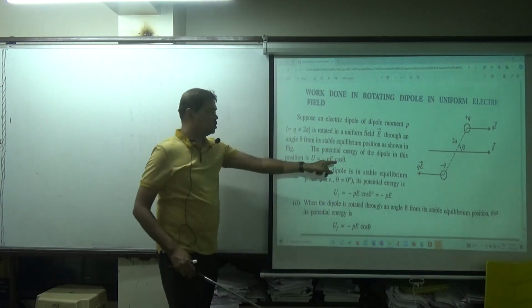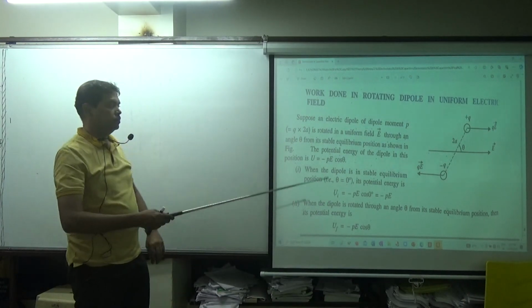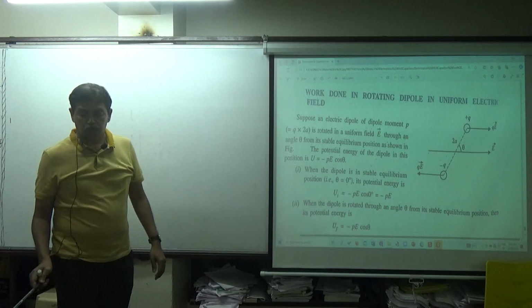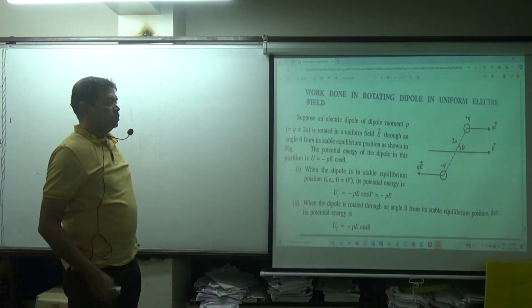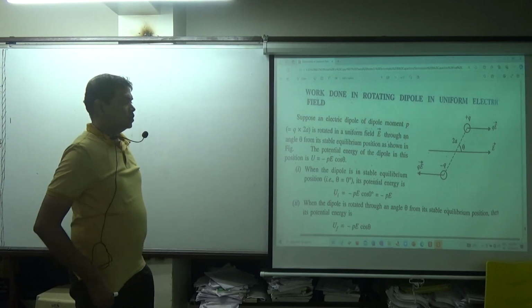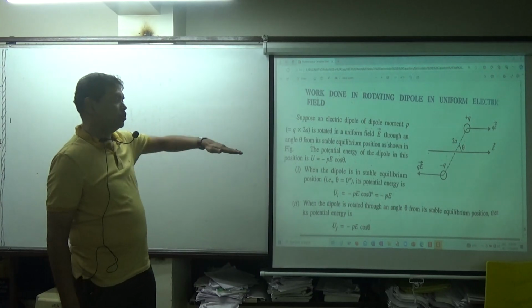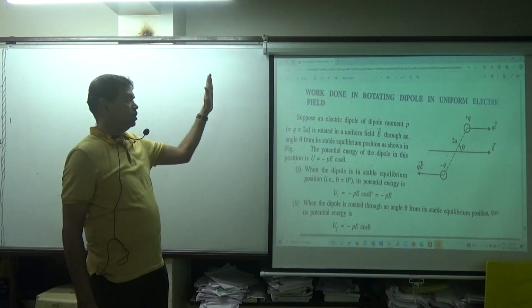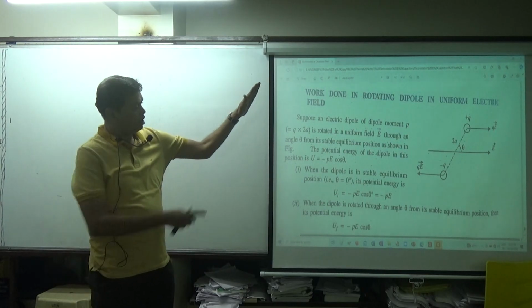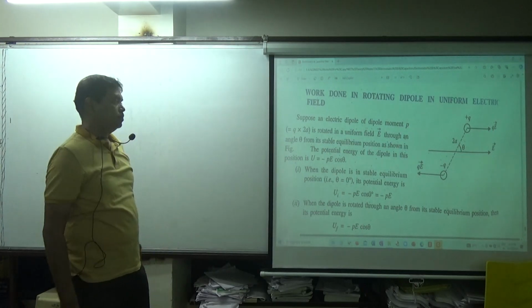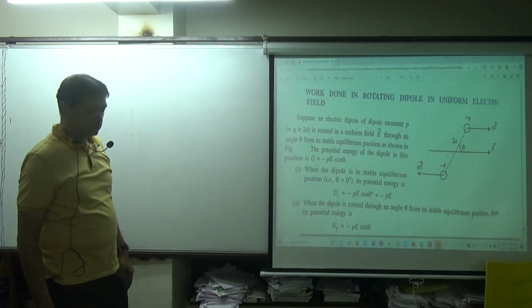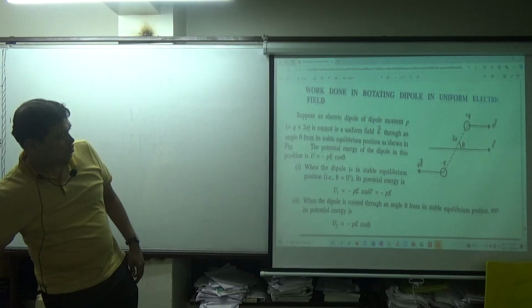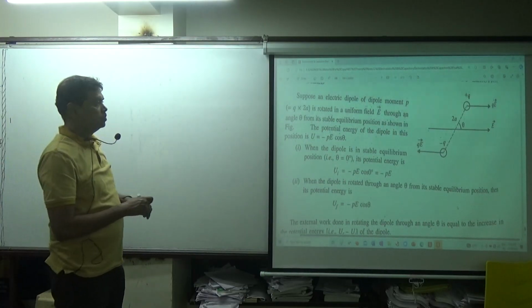So potential energy is minus P cos theta. Okay, so this you have to remember very carefully. Never define the potential energy from stable to theta. It is from 90 to theta. Okay, so write down.